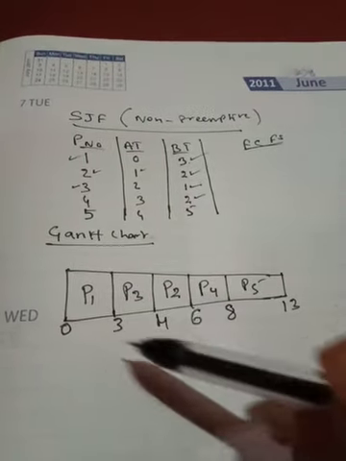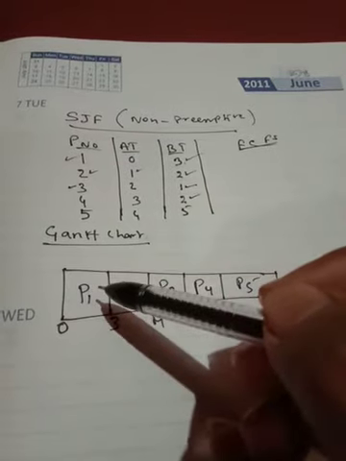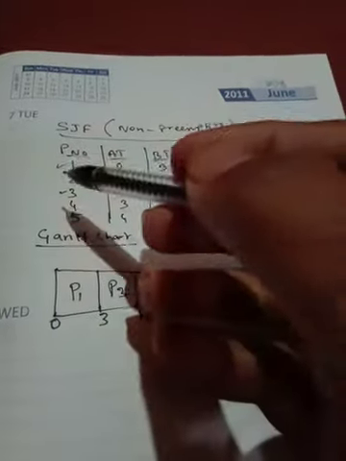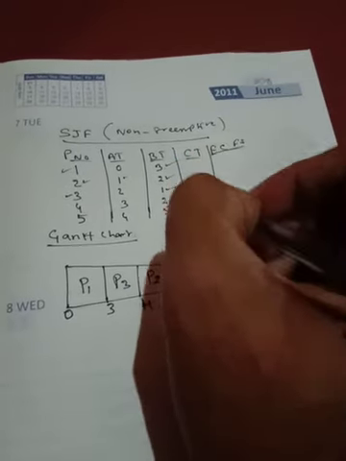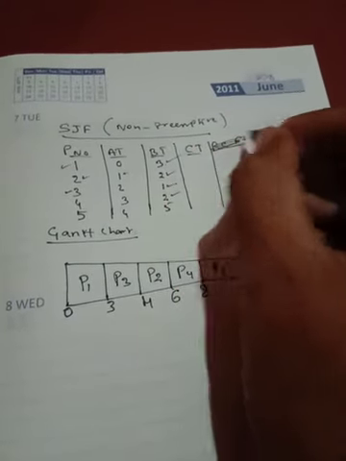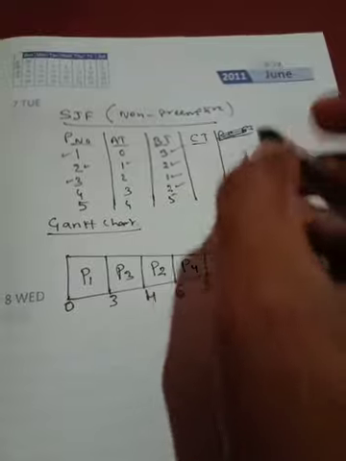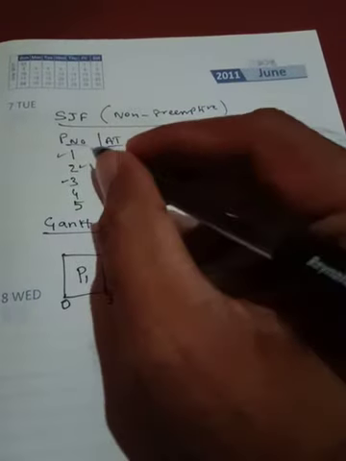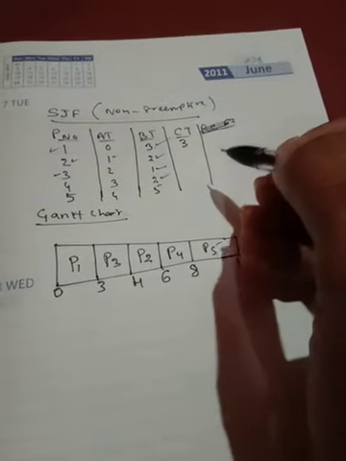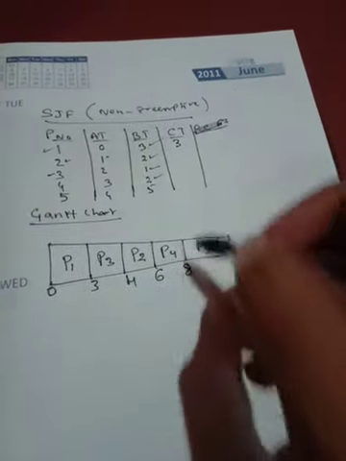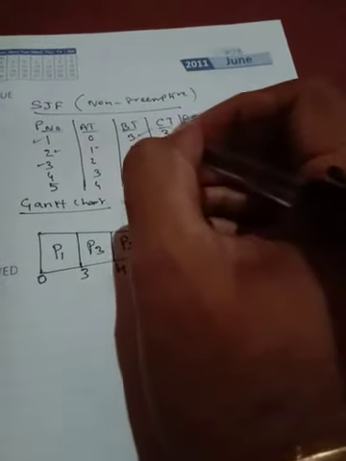Now once we are ready with the Gantt chart, what will be the next step? Directly we fill up the rest of the details, that is CT, completion time. You can ignore this, just for example purpose I have written FCFS. What is the completion time of process 1? It is 3. What is the completion time of P2? P2 is 6.